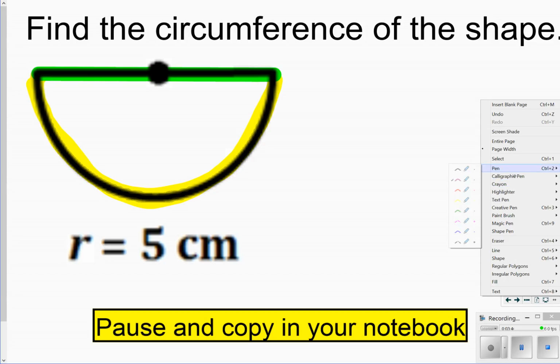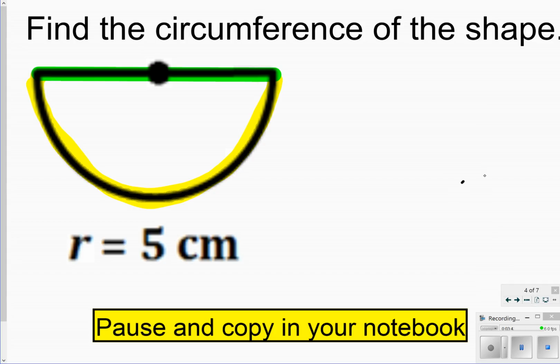So let's write down what we're going to do. The half part would be 2 pi r because they gave us our radius. But because it's only half of a circle, we're going to divide it in half. All right.